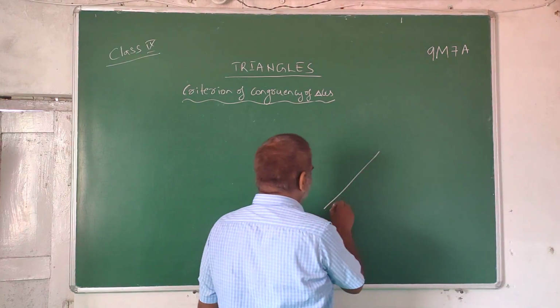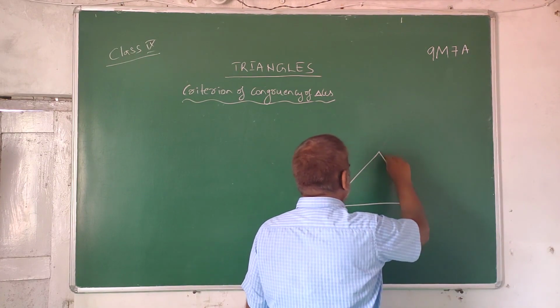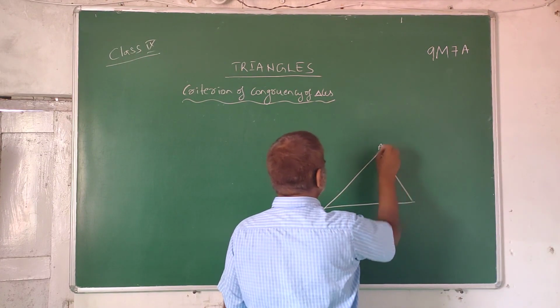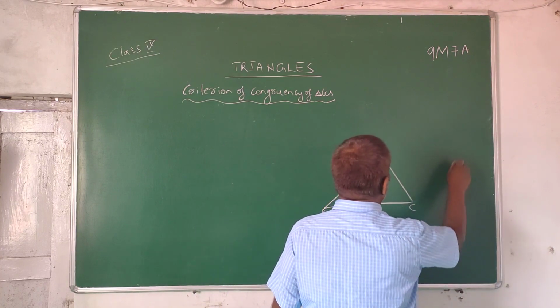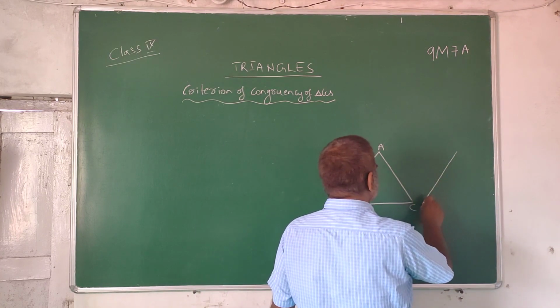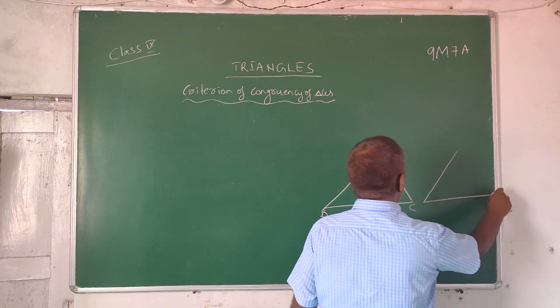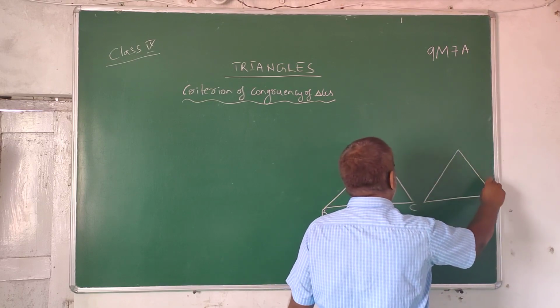So here you see this is triangle ABC, and this is another triangle, triangle PQR.